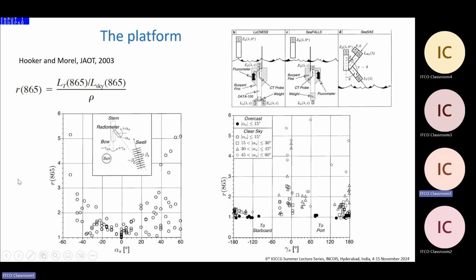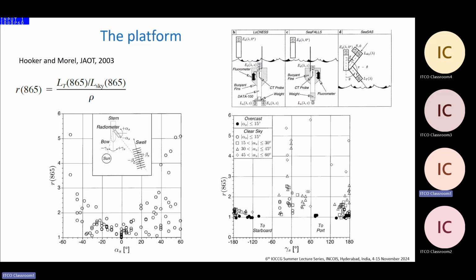In that case, it's on the small r in the near-infrared, which is the coefficient you use to correct for the sky radiance. They showed that depending on all these geometrical parameters, the coefficient would change.